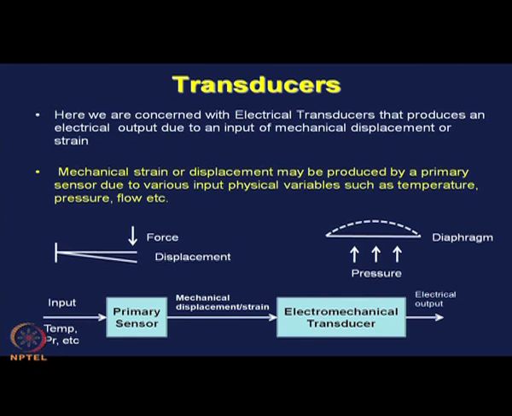The mechanical strain or displacement may be produced by primary sensor due to various input physical variables such as temperature, pressure, flow, etc. So, during act of measurement, primary sensors that receive input signal from physical variables such as temperature, pressure, flow rates, etc. may produce a mechanical strain or displacement.